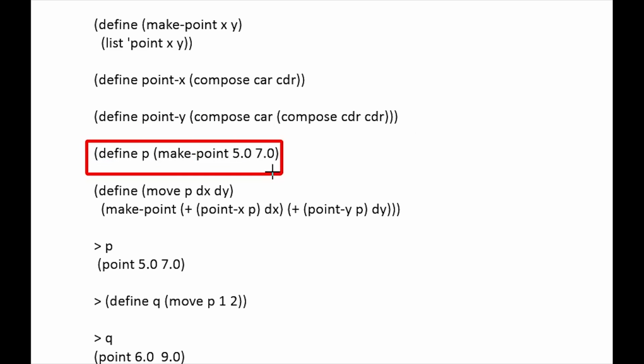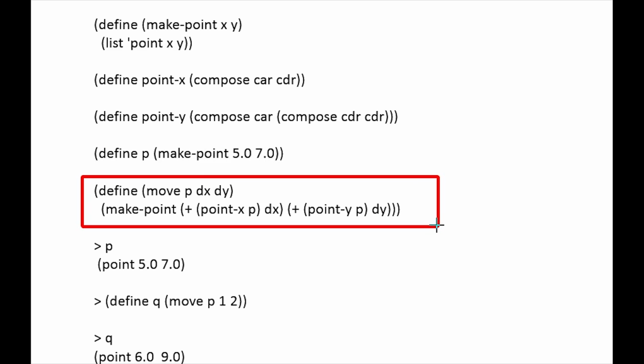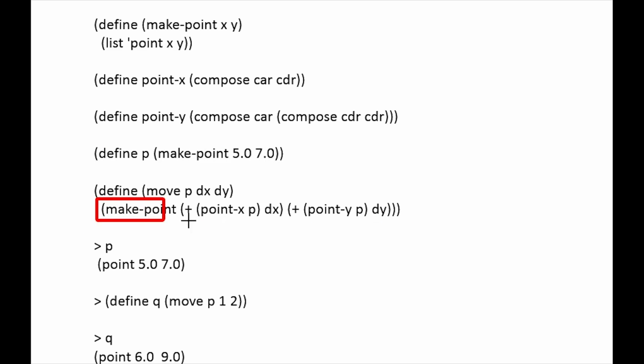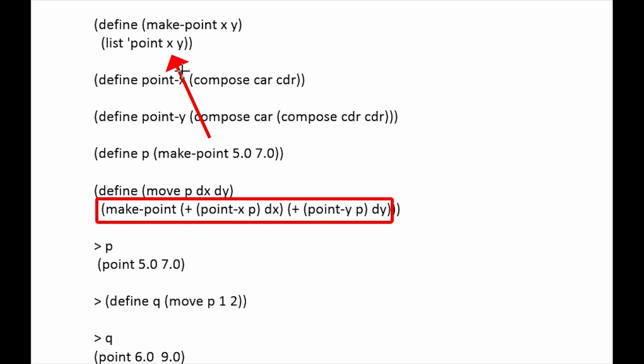I make a new point p, and the crucial point here is that I program a move function that returns a moved copy. So instead of mutating the state of the object, which by the way here is accessed via a reference or a pointer, because lists are really reference types in Scheme, instead of mutating the x and y fields or positions in my list, I avoid that.